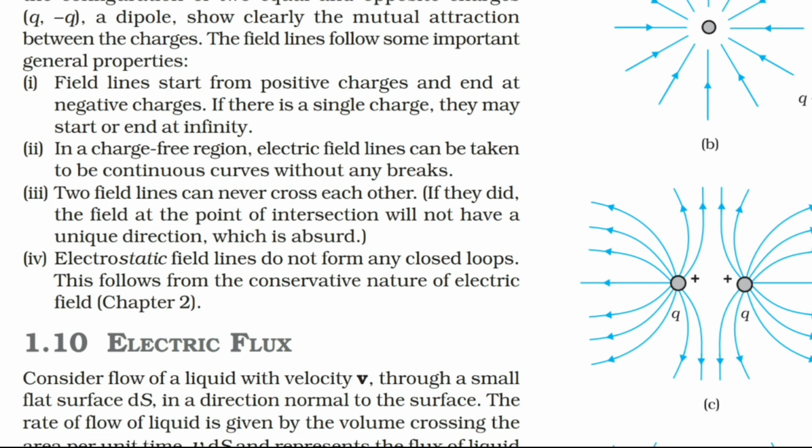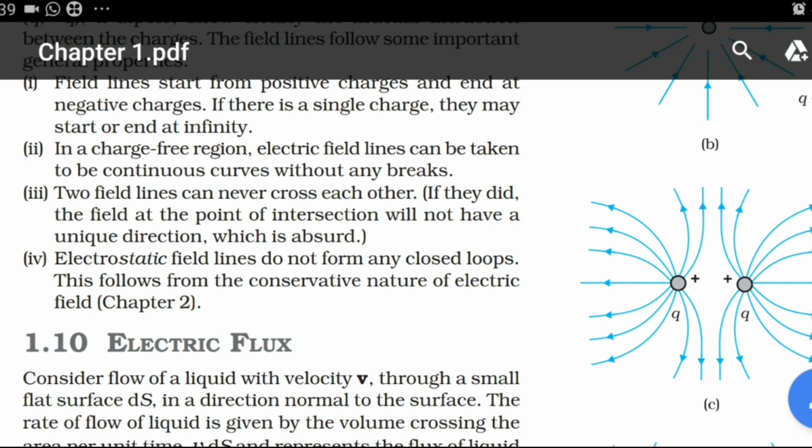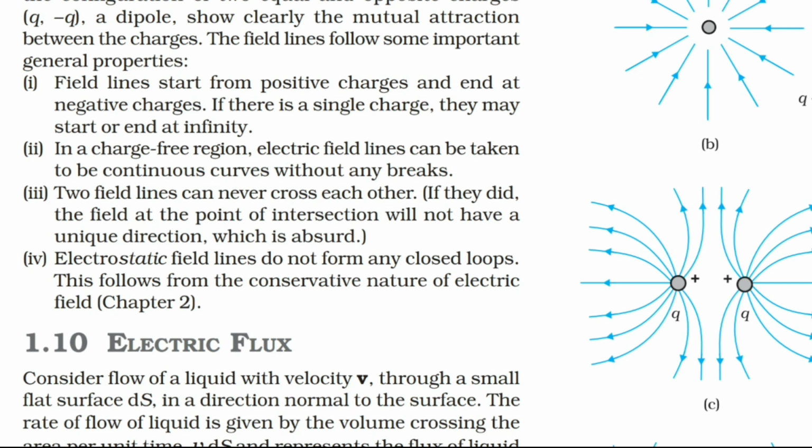Then the third one, a very important point: two field lines can never cross each other. If they did, at the point of intersection, when we draw the tangent, there would be two tangents showing two directions for the positive charge to move, which is not possible.